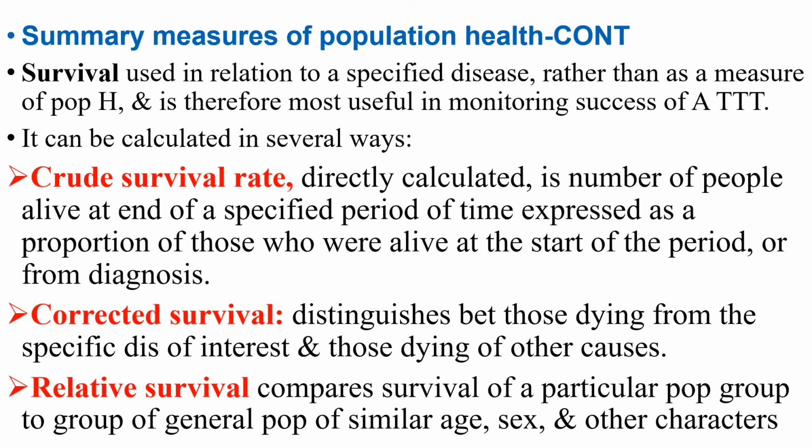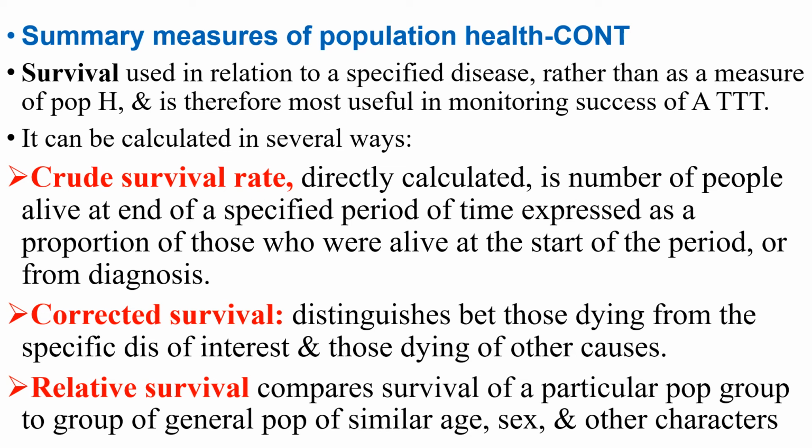Continued summary measures of population health: survival is used in relation to a specified disease rather than as a measure of population health, and is therefore most useful in monitoring success of a treatment. It can be calculated in several ways: crude survival rate, corrected survival, relative survival.